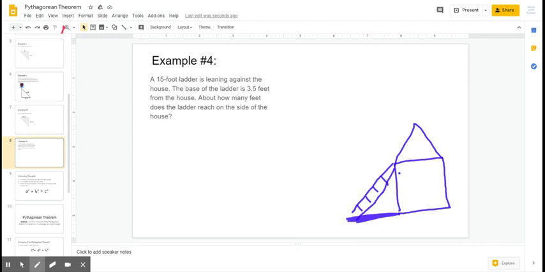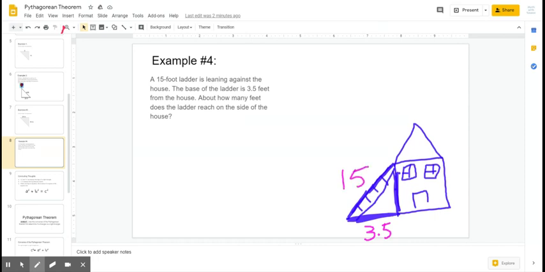All right, so the ladder is 3.5 feet from the house. So again, here's my house, and this ladder is 3.5 feet away. So I'm going to make the right triangle a little bit more distinct here. So 3.5 is down here, 3.5 feet away from the house. The ladder itself is 15 feet.